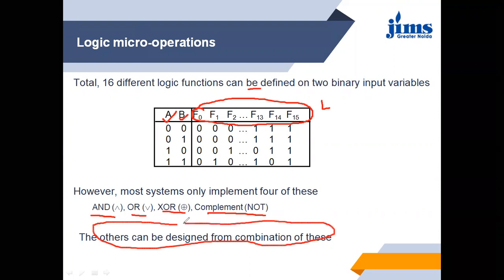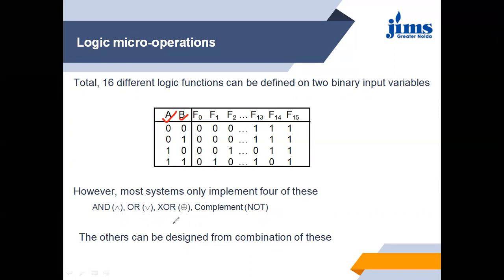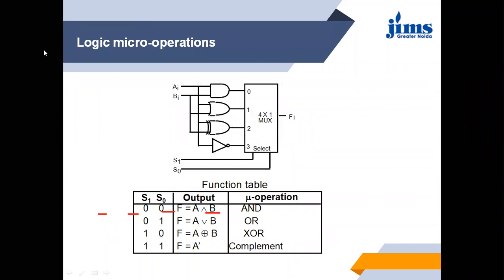When we have to perform other operations, they are performed by using different combinations of all these four logic micro operations. So let's come to the next slide. From here, we will see how we can perform these four operations.